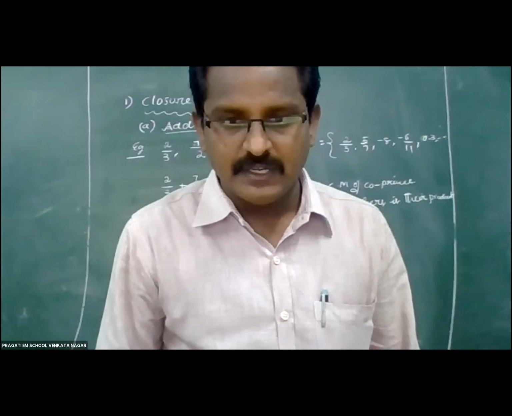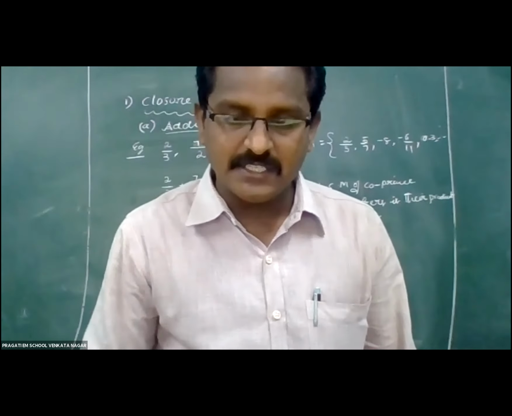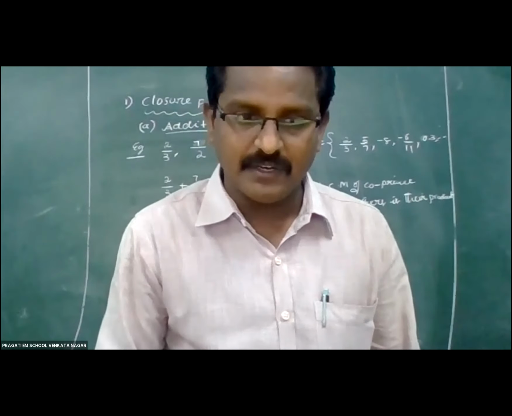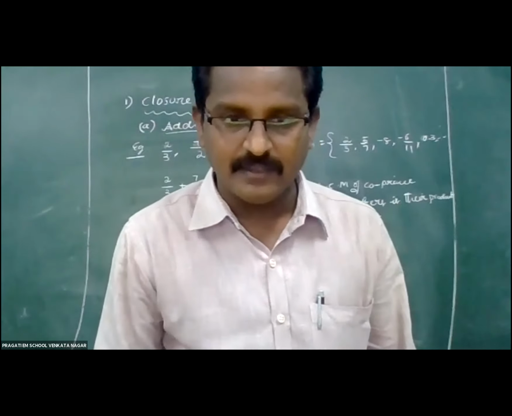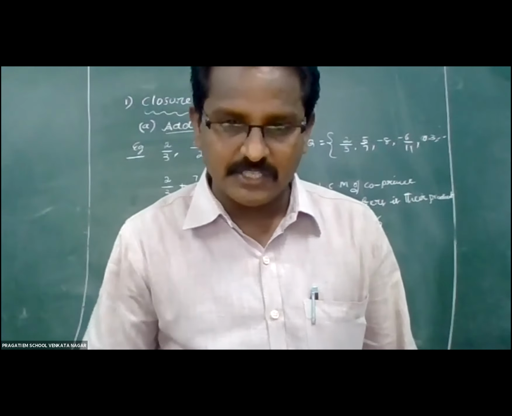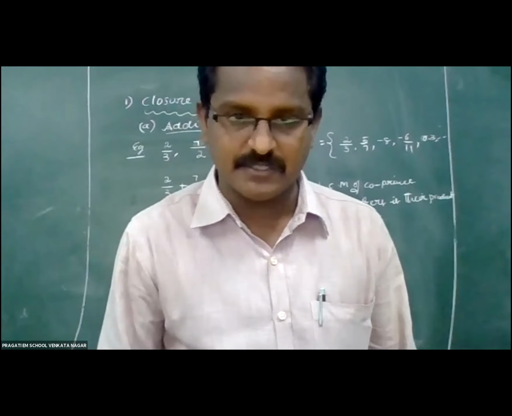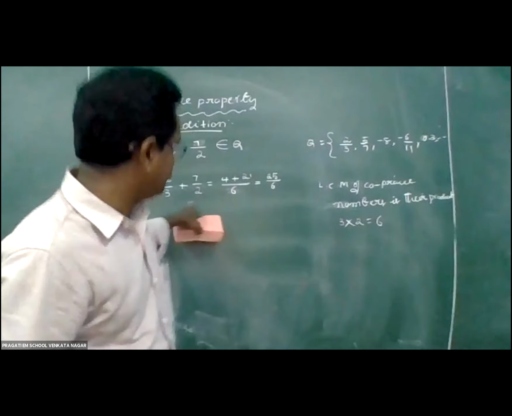Because rational numbers are represented by Q, R is the representing letter for real numbers. Real numbers are represented by R. In higher classes, we learn about real numbers. Okay, thank you, sir. Okay, very good. Right. Clear and understood about this one?